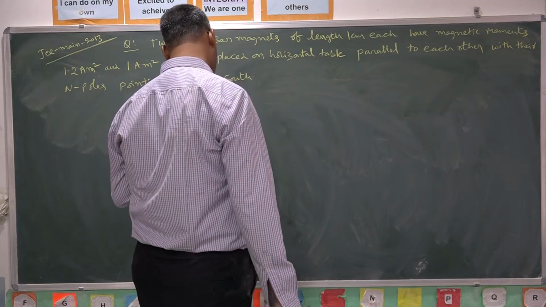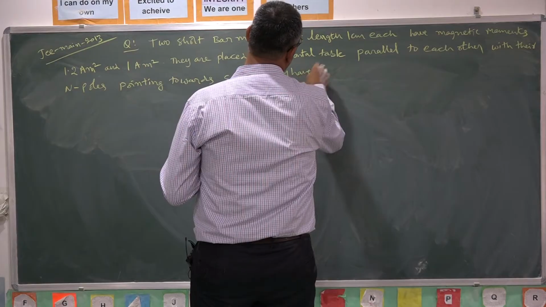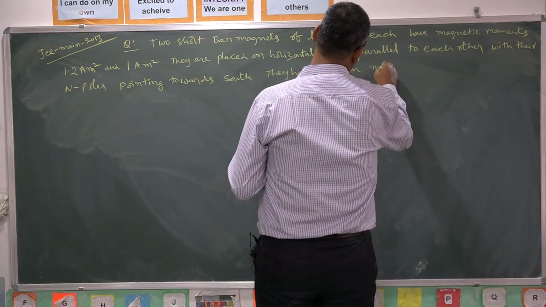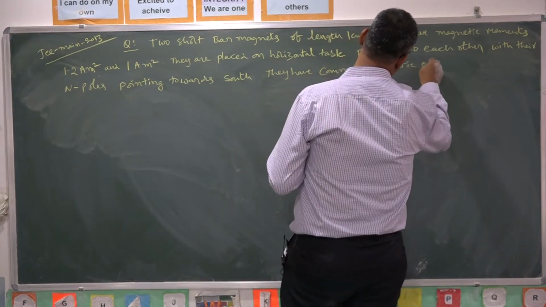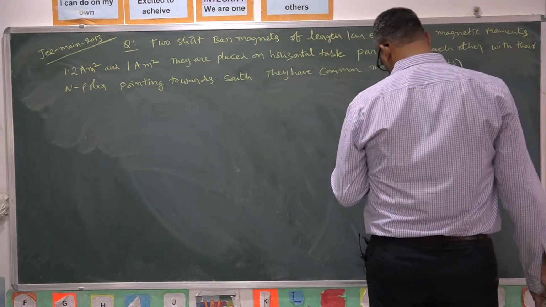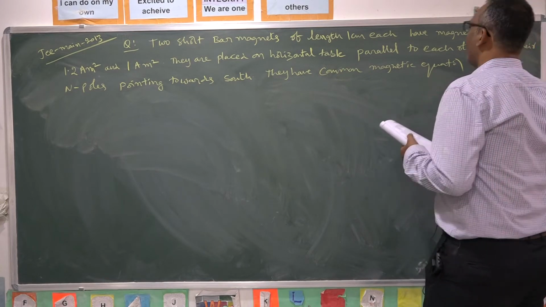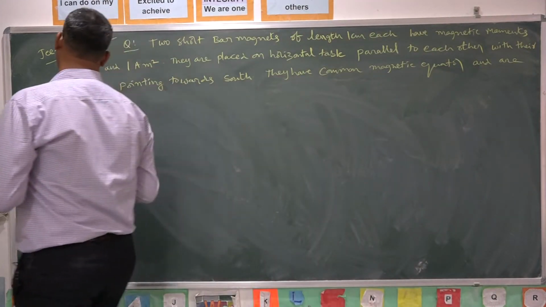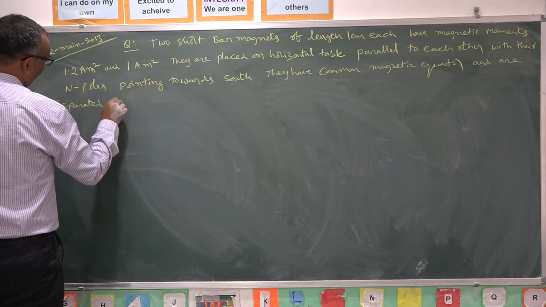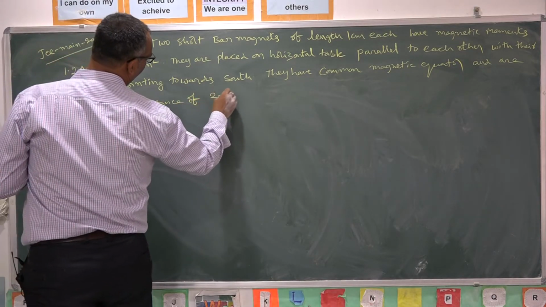They have a common magnetic equator and are separated by a distance of 20 centimeters.